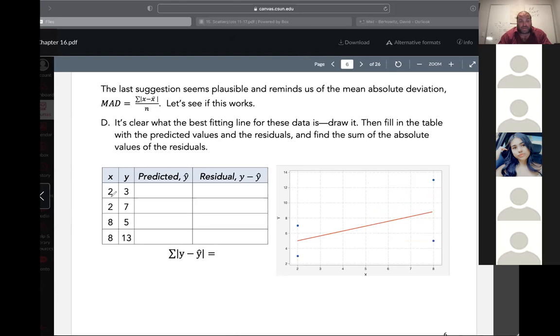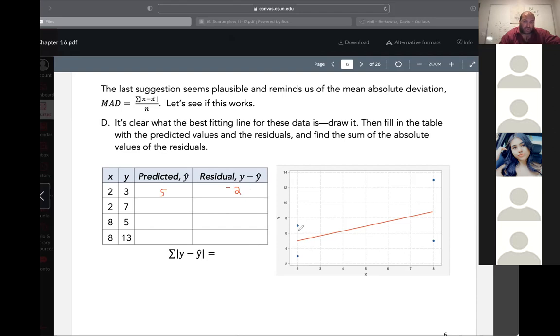So for x is 2, the actual y is 3. But what is the predicted y for that x value? 5. Which gives us what residual? -2. Next x value, 2, 7.